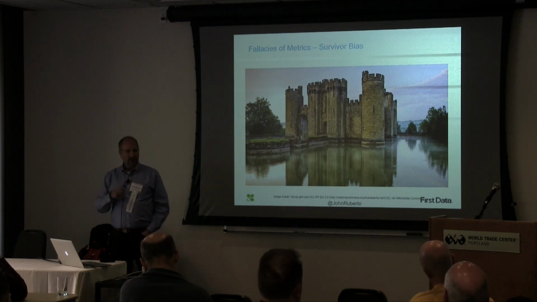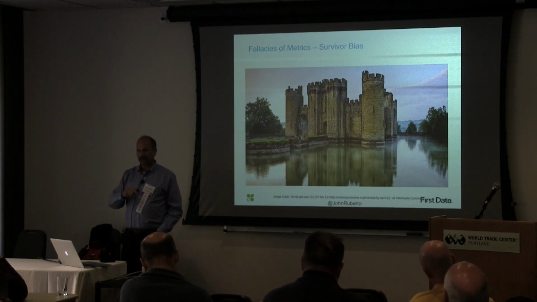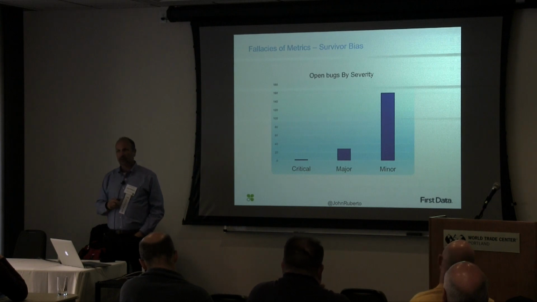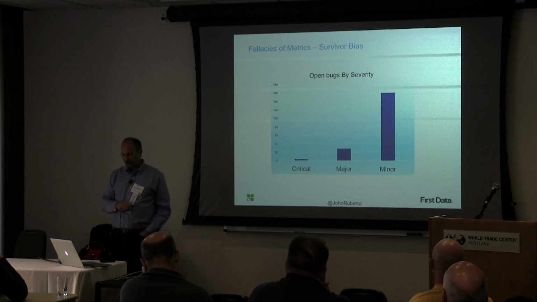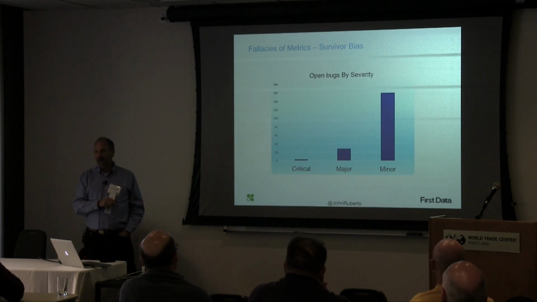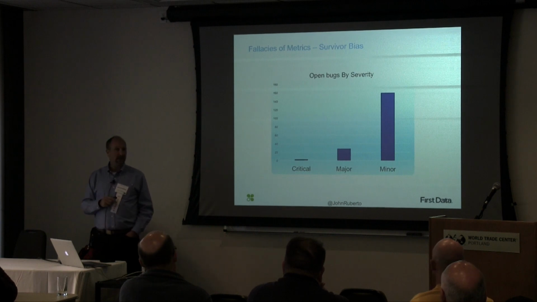So survivor bias is another potential fallacy that comes in when you look at metrics. An example here is looking at an open bugs by severity type of view. This particular one has very few critical bugs, some major, some minor. If I read this, I may interpret it as, hey, our quality is not bad, we don't have too many critical bugs.